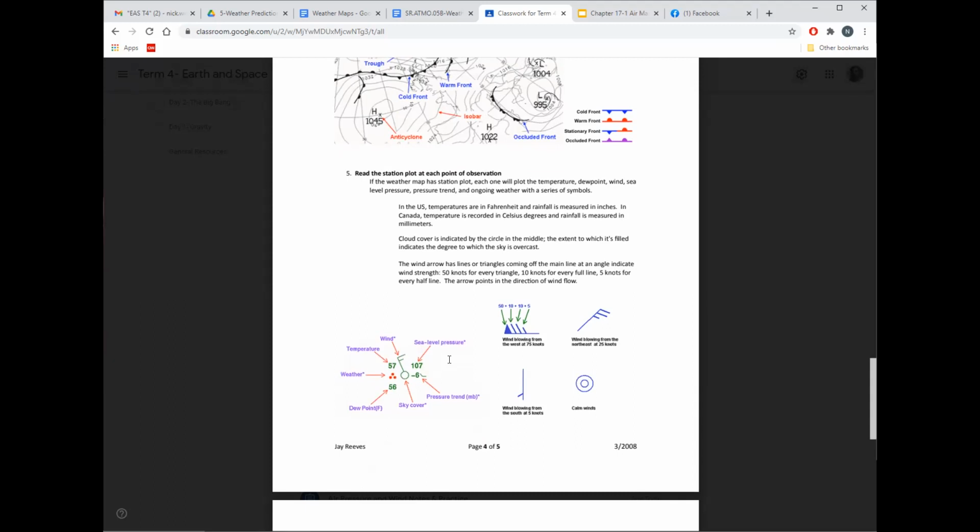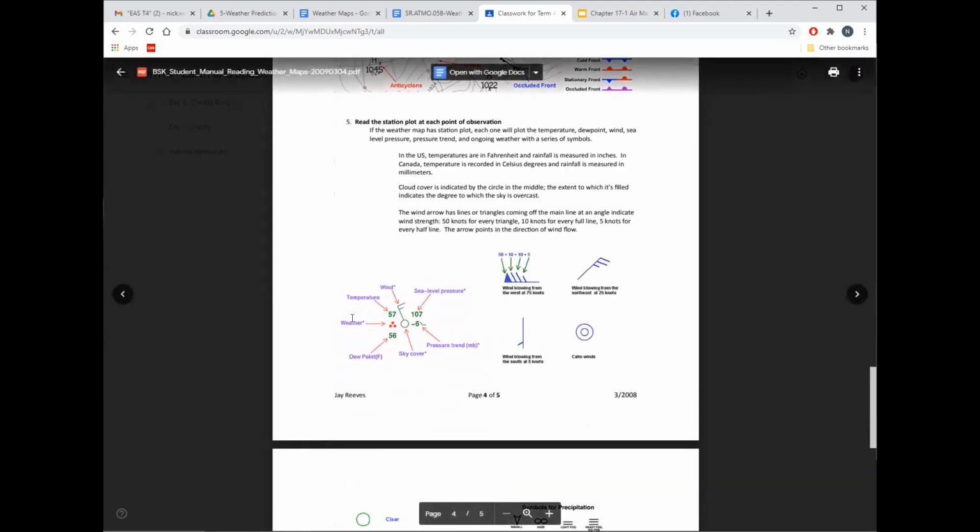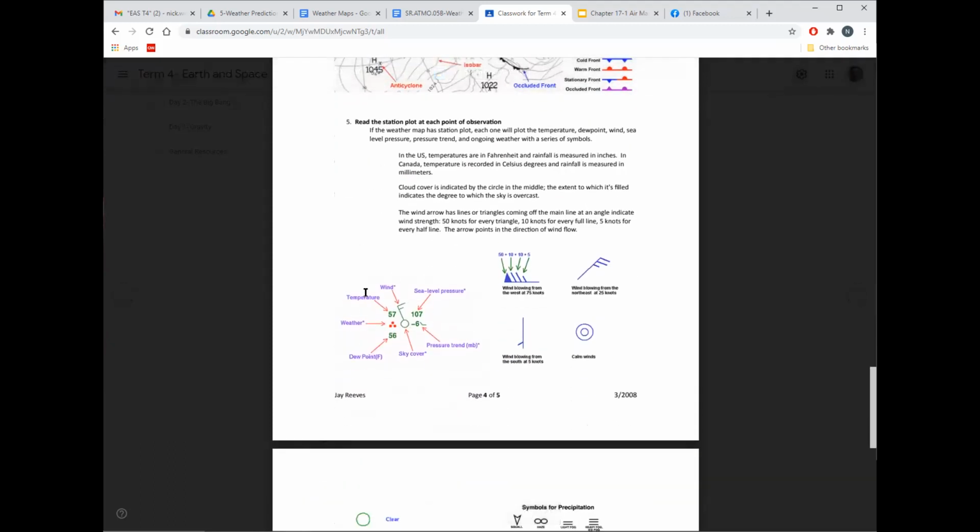So meteorologists want a quick, easy key that they can read to look at the different weather stations to see what the weather is doing. Nowadays they also use a lot of computer models. But anyway, if we're looking at a weather map, we need to be able to read this weather station symbol.